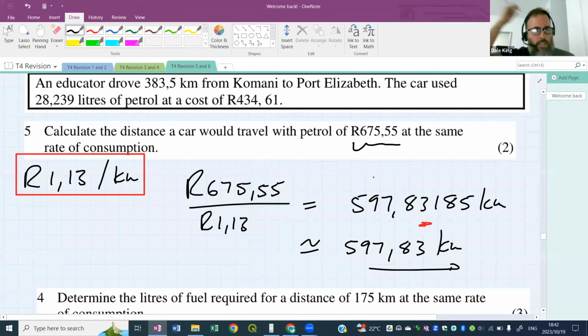Okay, now I want to point out here, we had questions 1, 2, 3, 4, 5. We did 1, 2, and 3. And then in question 4, we actually started using answers from the previous questions. Now, I know what some of you are thinking. What if I get questions 1, 2, and 3 wrong, and then I use that answer in 4 and 5, but it's wrong? Do not worry.